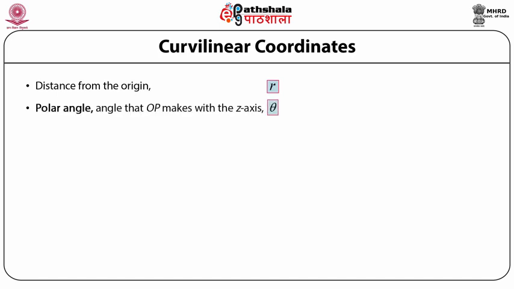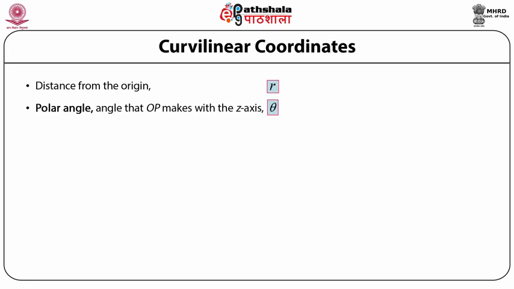The angle which the projection of OP on the xy plane makes with the x-axis is phi, and this is called the azimuthal angle, while the angle which the line OP makes with the z-axis is the polar angle and is denoted by theta.